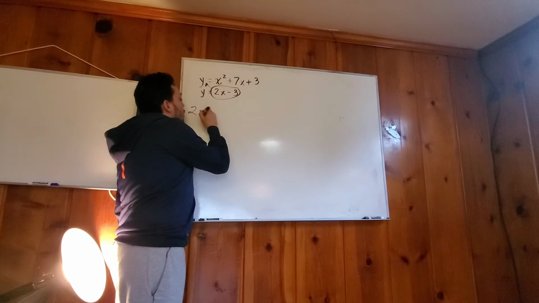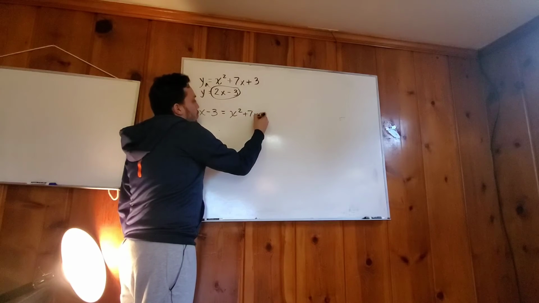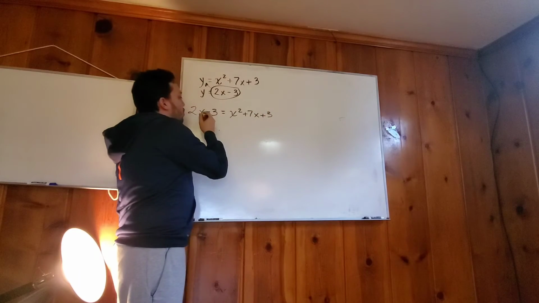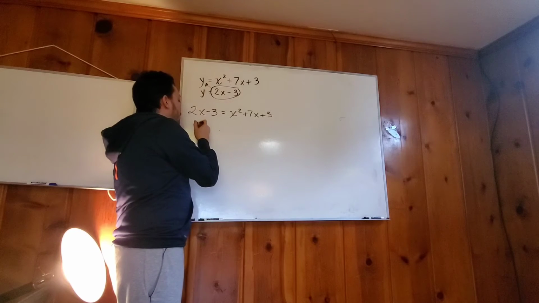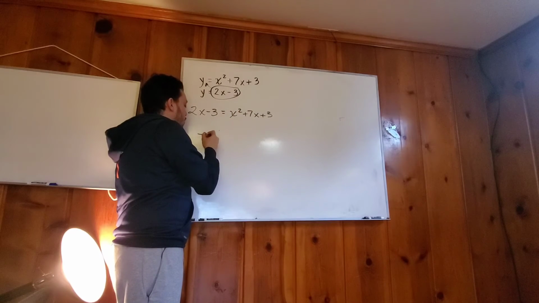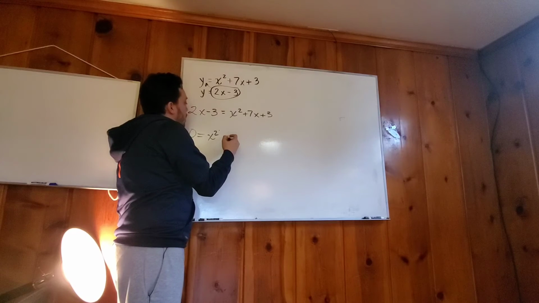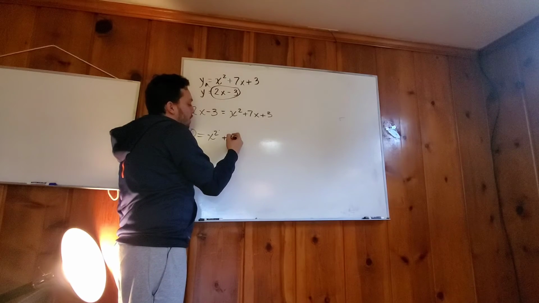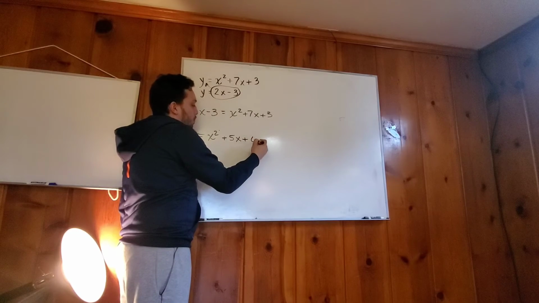2x minus 3 equals x squared plus 7x plus 3. So if I subtract 2x from both sides and add 3 to both sides, it would be 0 equals x squared plus 5x plus 6.